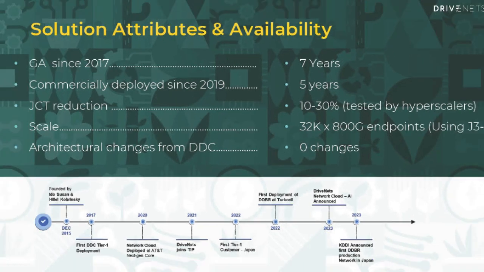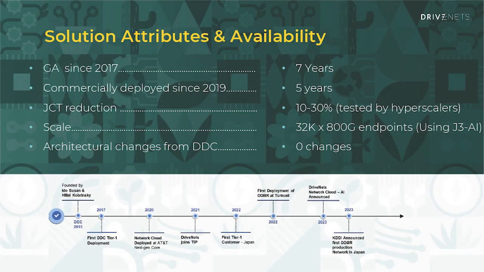Final slide, a few numbers here, not from us in terms of savings. This comes from hyperscalers actually testing the solution. What they have found is that they can reduce the job completion time with this type of technologies on a minimum of 10%.